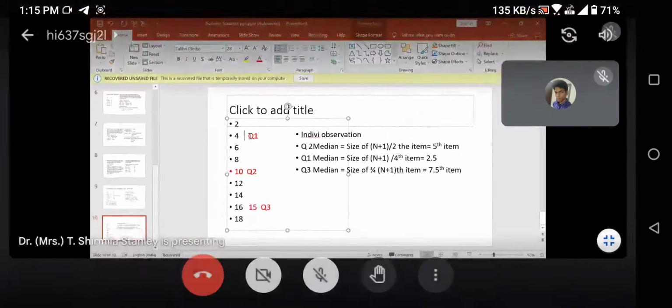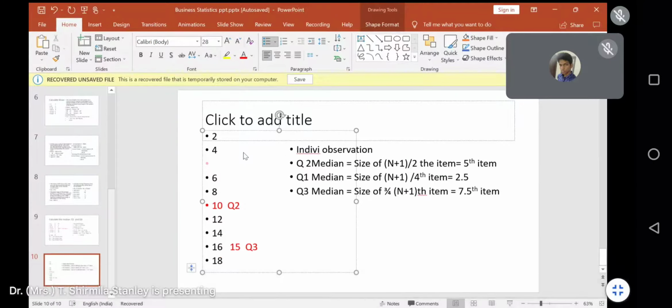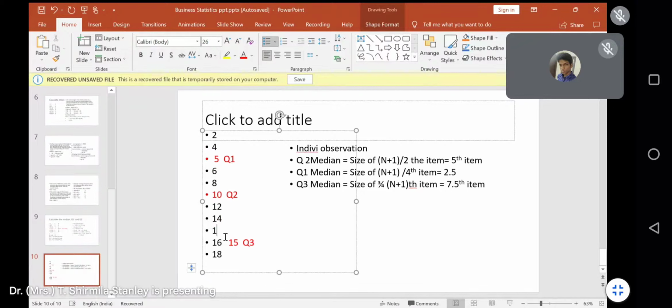Yes, correct. Between 2 and 3. So it is somewhere here. Okay, we'll write 5. 5 is your Q1, right? And this one you're getting as 15, right? 15 is your Q3.